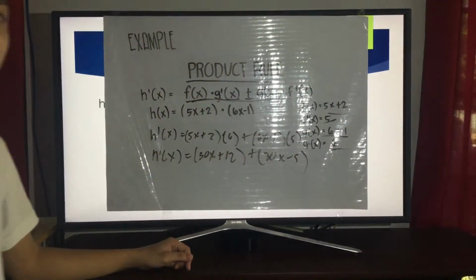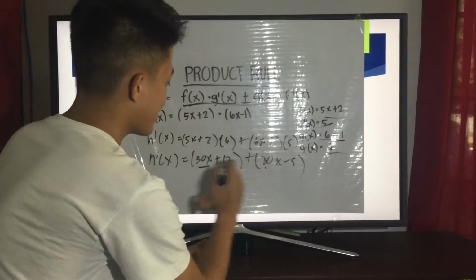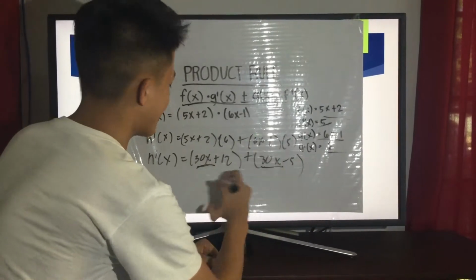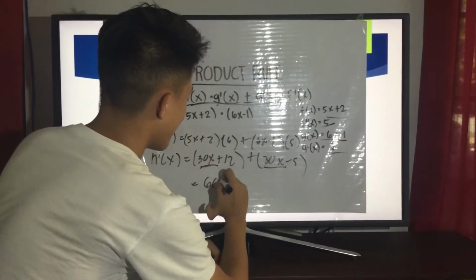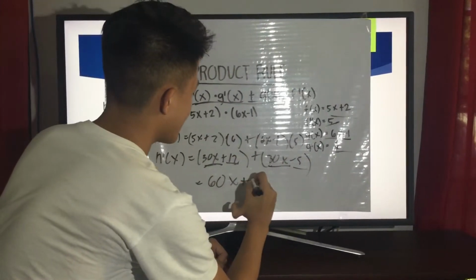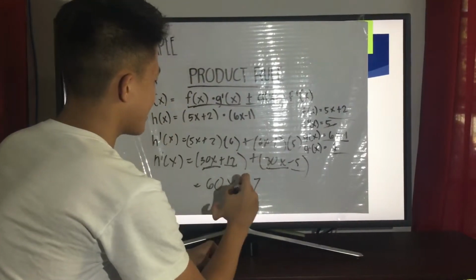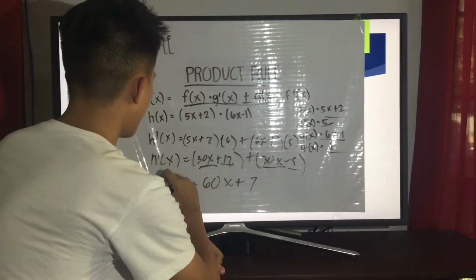And then we will combine like terms. 30x plus 30x is equals to 60x. 12 plus negative 5 is equals to positive 7. So 60x plus 7 is our answer.